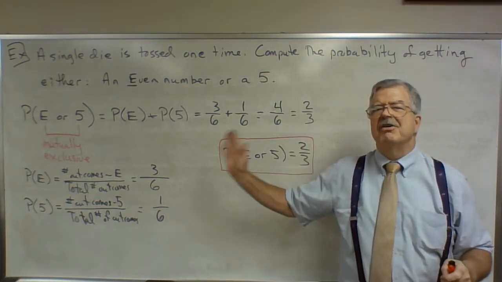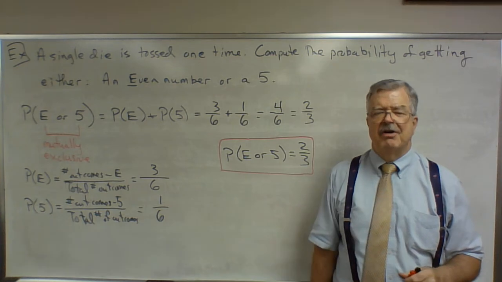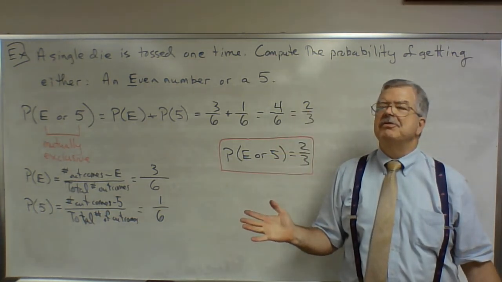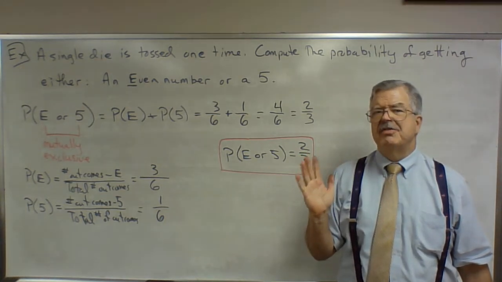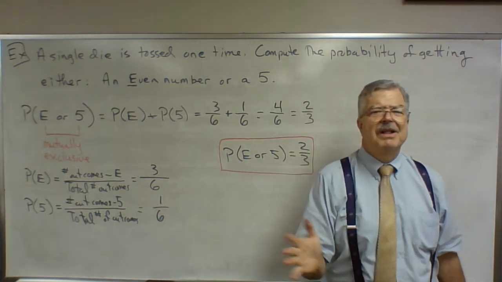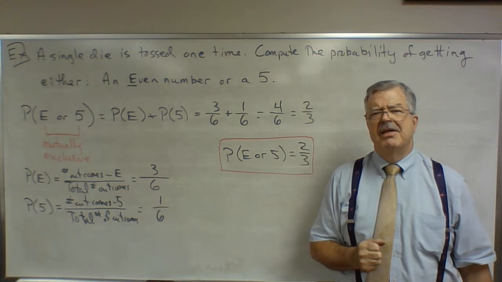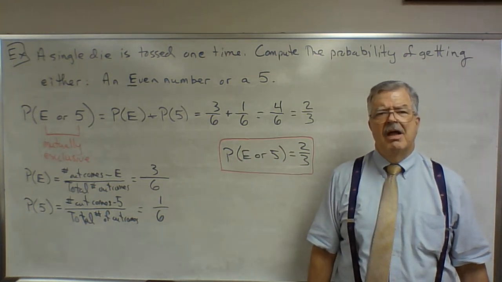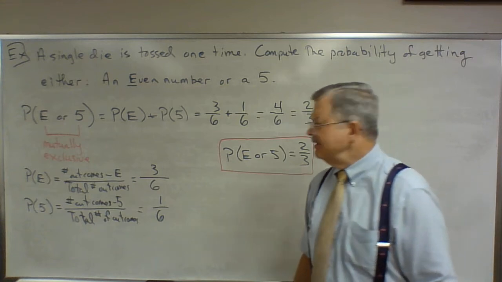Suppose it didn't occur to us right when we started. Suppose that didn't happen and we didn't realize till later that these two outcomes were mutually exclusive. What would have happened? Let's take a look.